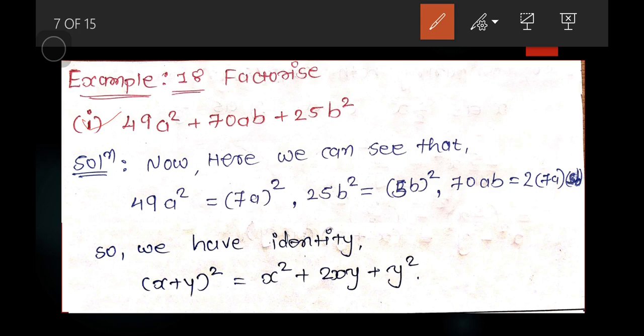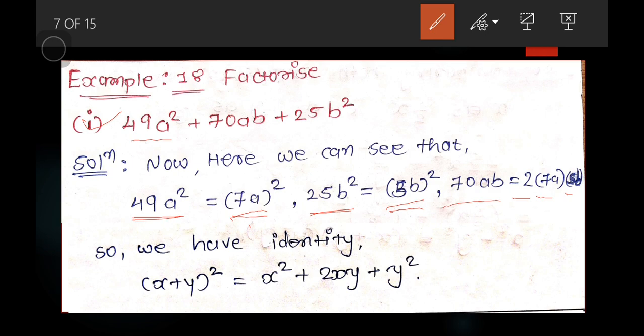So we have to see that 49a square is given, and 49 is the square of 7 and a square is a square. So here we can write 49a square as (7a) square, and 25b square can be written as (5b) all square. Here you can see that this is x square and this is y square. Then we want to find 2xy. So we can write 70ab as 2 times, where x is 7a and y is 5b.